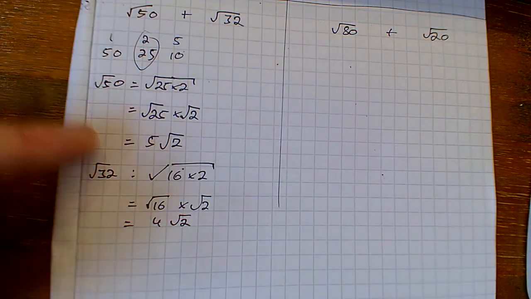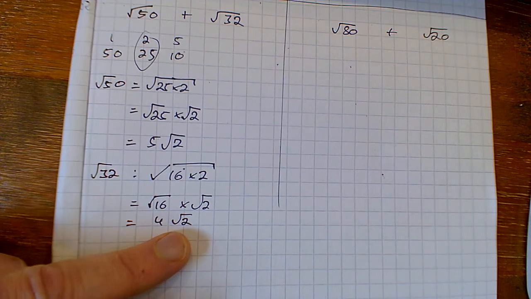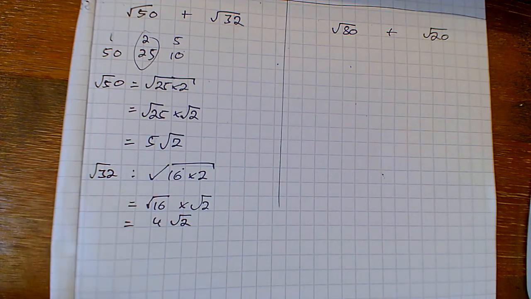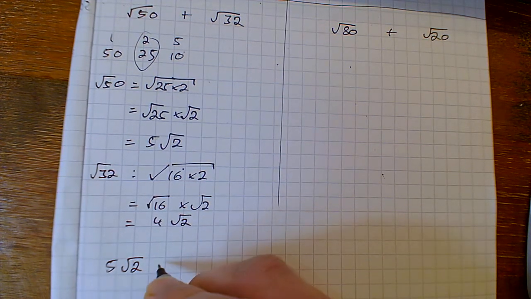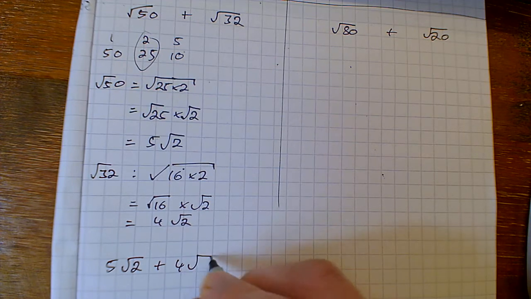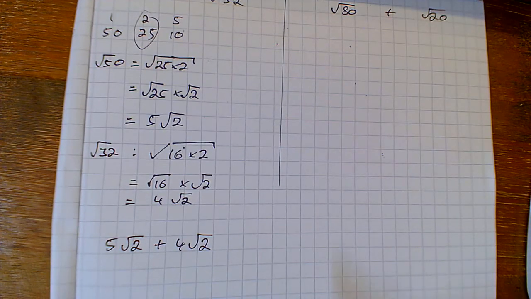Well, if the square root of 50 is 5 root 2 and the square root of 32 is 4 root 2, why can't I add those two things together? I can. So I'm going to say 5 root 2 plus 4 root 2. If I was adding 5x and 4x, then I would get 9x.